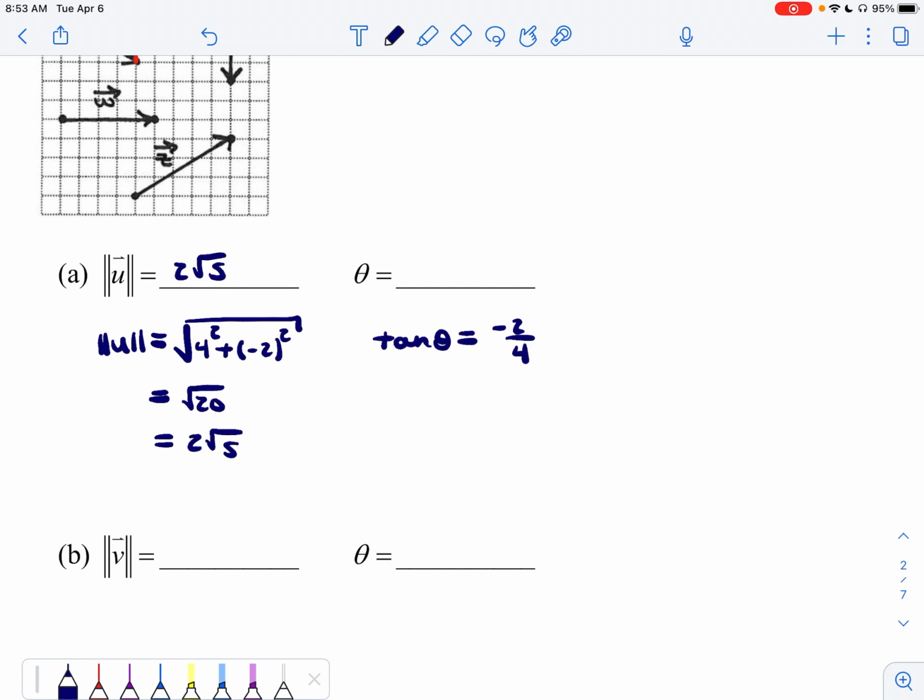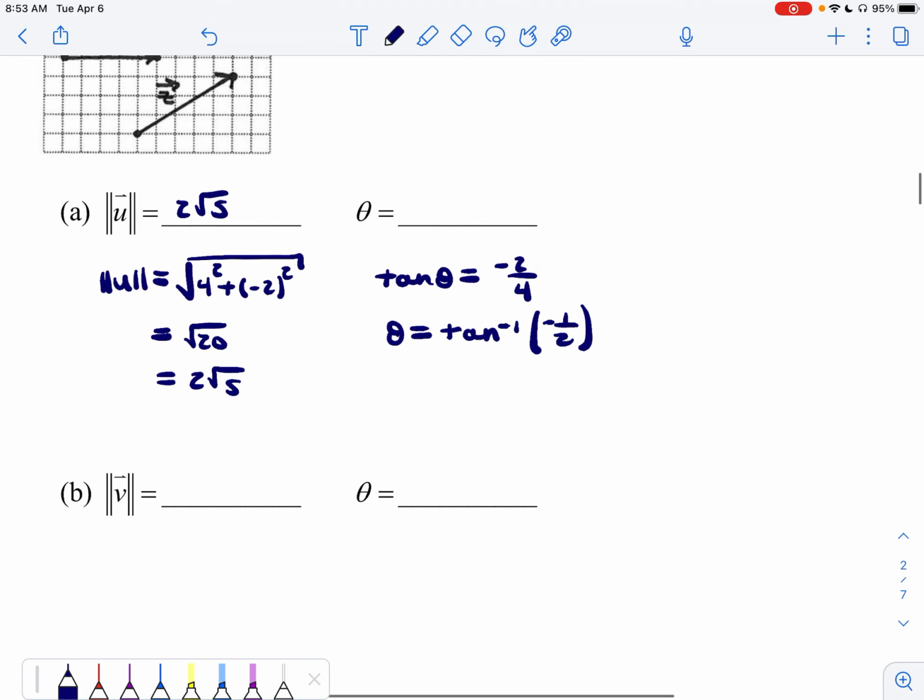That's not something on our unit circle, so we're going to have to plug this into our calculator. So use an inverse tangent of -1/2, and if we plug that into our calculator, let's do degrees, we would get -26.57 degrees.